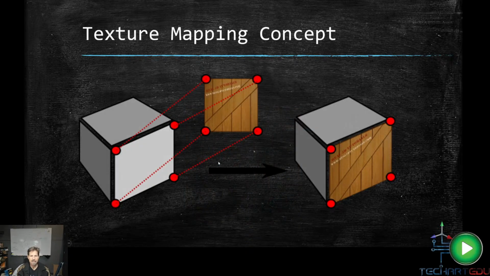Okay, now here's a little demonstration of the texture mapping concept. Here we have the coordinates on a polygonal face. And you'll see that because they go from 0 to 1 in the U and the V directions, that also corresponds to a two-dimensional texture map.